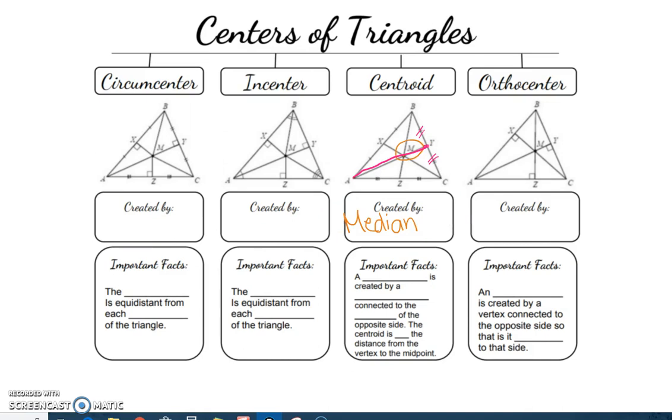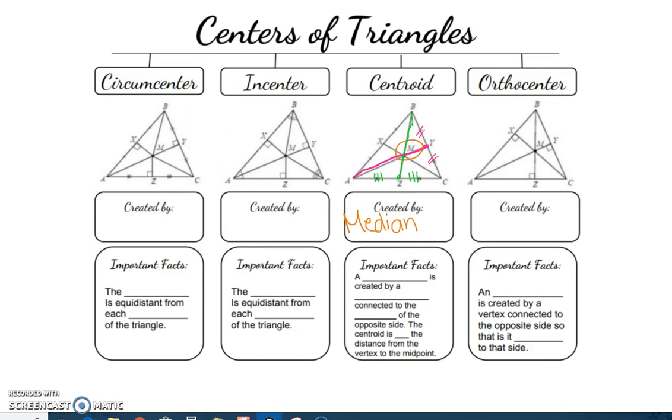Then we have angle B's median. And it splits side AC equally because that means Z is the midpoint.